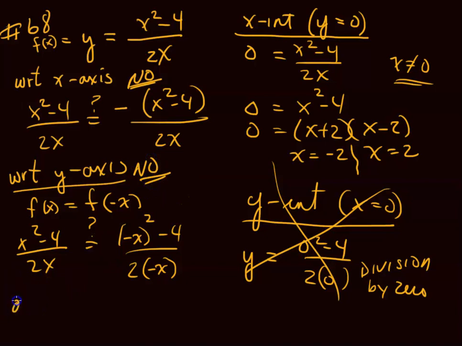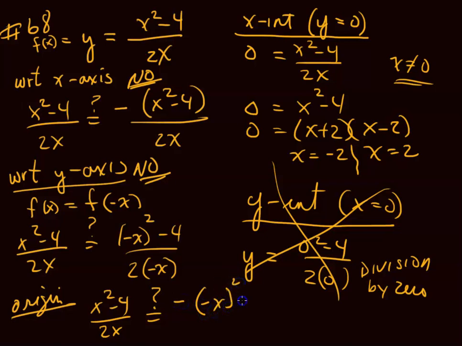How about with respect to the origin? Well, that's when f of x, the x squared minus 4 over 2x, should equal negative f of negative x. So this is f of negative x, and if we take the opposite of that, I should be careful here.